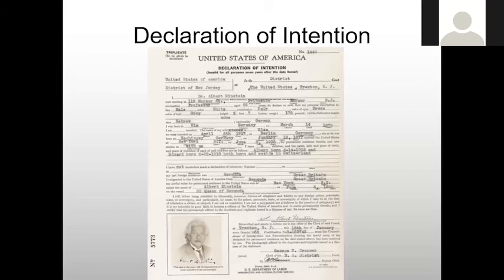There are declarations of intention. That's the first of the forms of immigration. This one just happens to be for Albert Einstein. Gives his wife and his children and the years that they were born. And for me, the most interesting point on this was he's immigrating from Bermuda, not Germany.